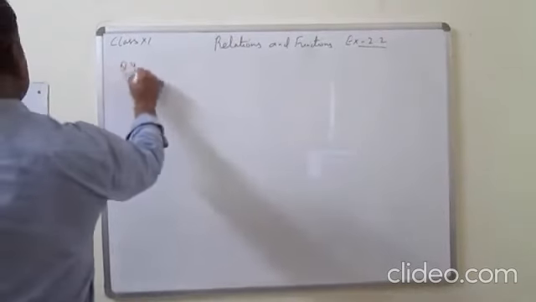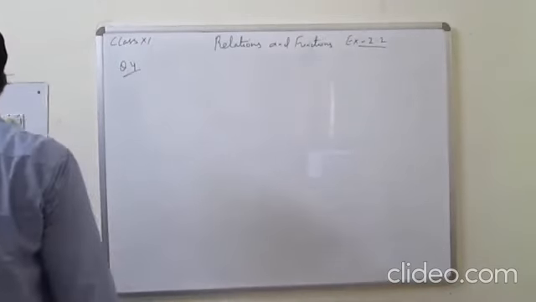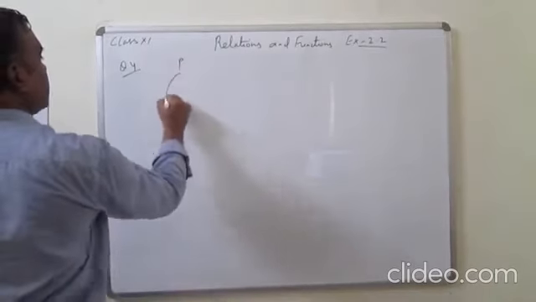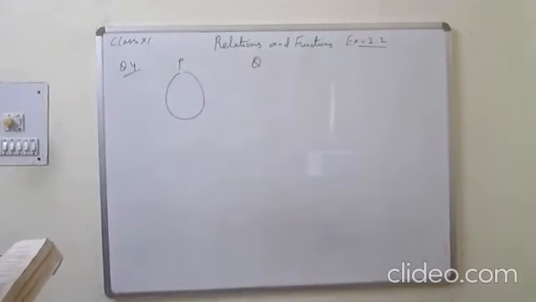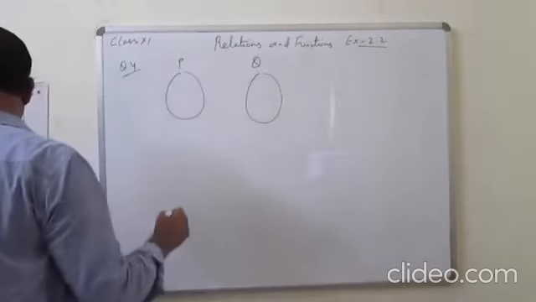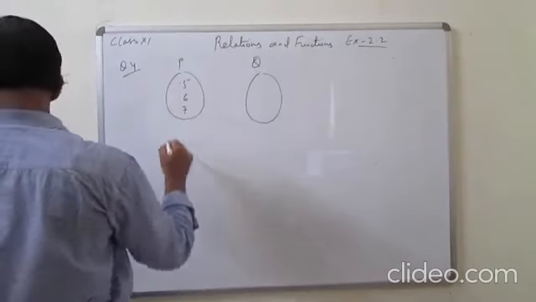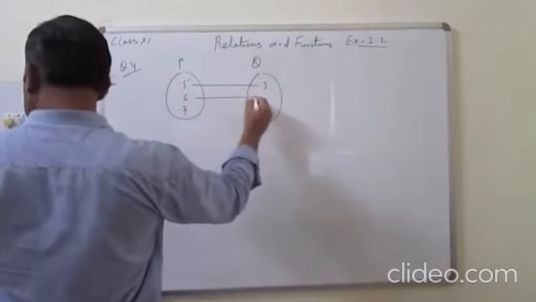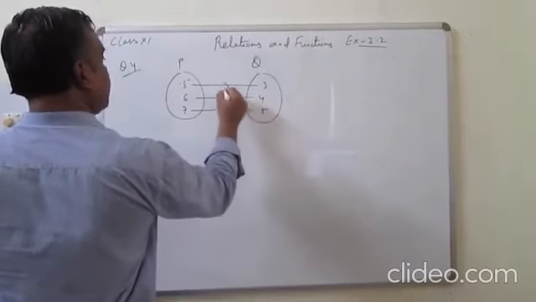Question number 4. The figure shows a relationship between P and Q. P figure and Q figure. 5, 6, 7; 3, 6 is related to 4, 7 is related to 5.